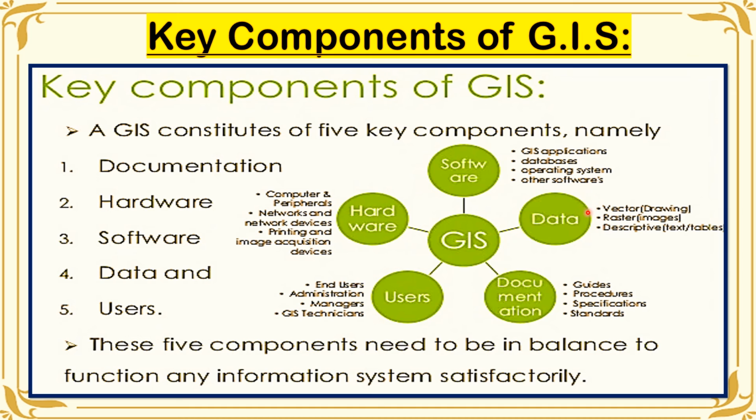Data: vector, raster, descriptive like text and tables. Documentation: guides, procedures, specifications, and standards. Users: end users, administrators, managers, GIS technicians. And the last one is hardware: computer and peripherals, networks and network devices, printing and image acquisition devices.